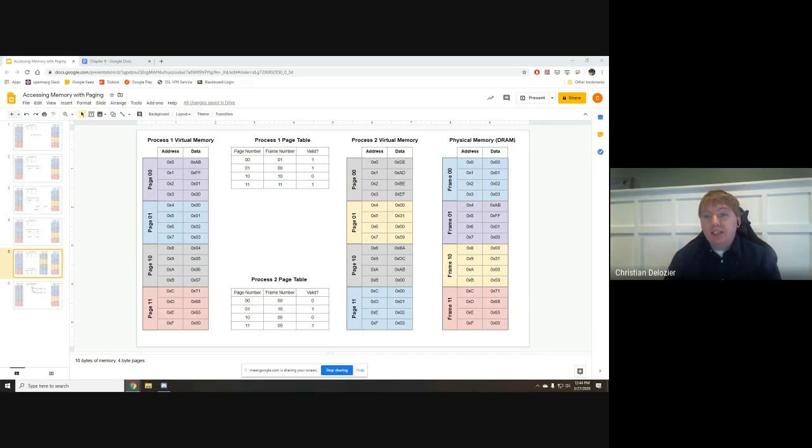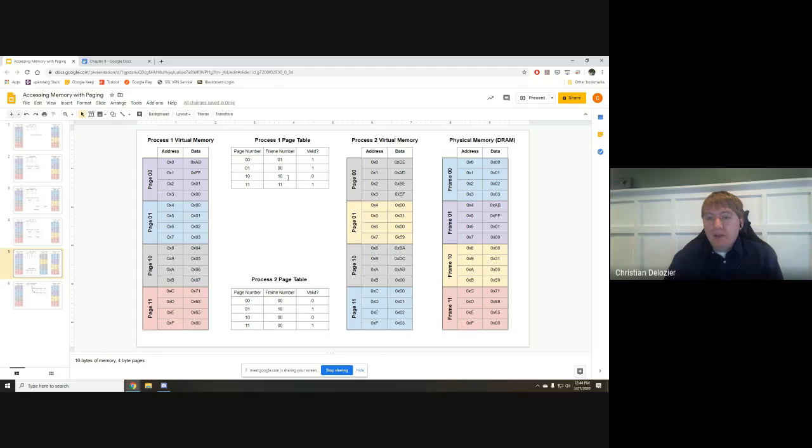So we have two processes now. They each have their full address space, that full 16-byte address space. We have physical memory that has the full 16 bytes of memory, and some of these are mapped onto physical RAM. We have the same mapping for process 1 that we had before.